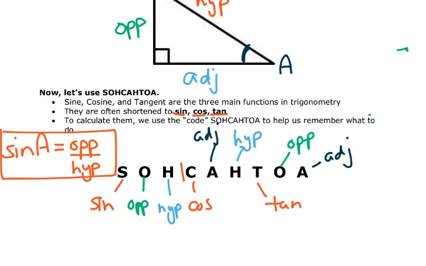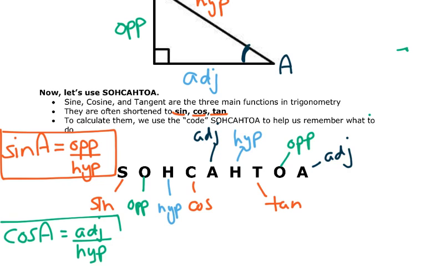The next one we're going to deal with is cos. So we're going to write cos of an angle, we'll call it A, you can call it whatever you like, equals adjacent over hypotenuse. So that's what I'm going to write, ADJ over HYP. So that's our second ratio done now.